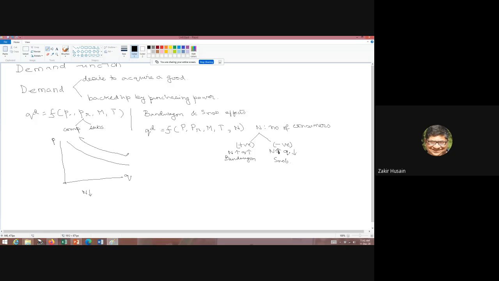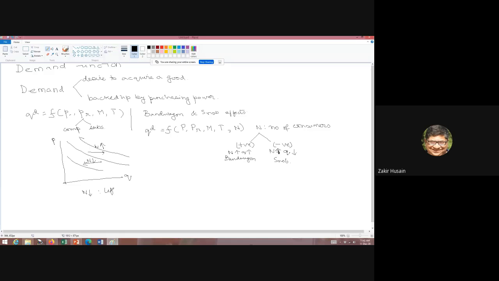So when you're saying rightward shift or leftward shift, define what is N. So this will occur if N increases. On the other hand, if N falls, there will be a leftward shift.